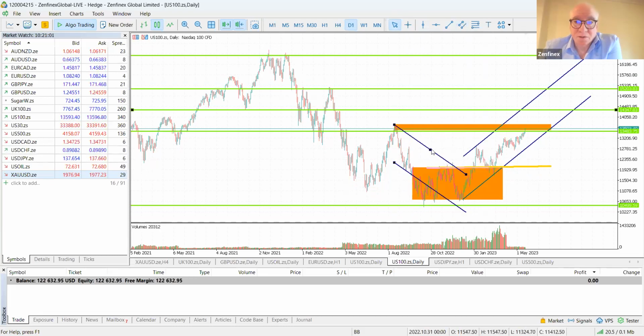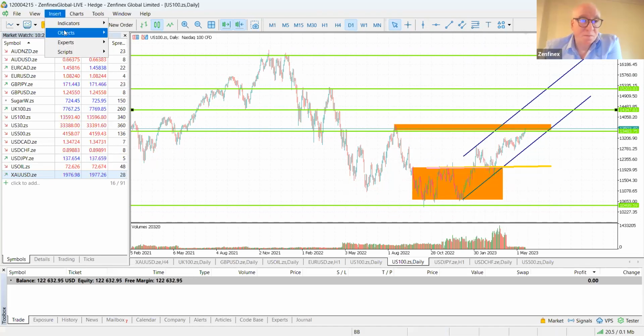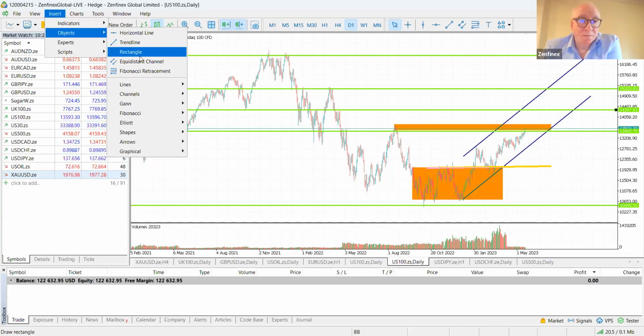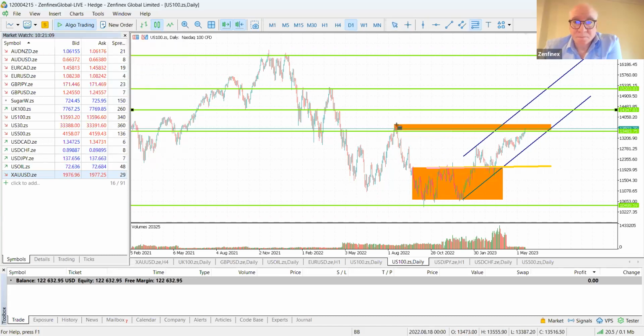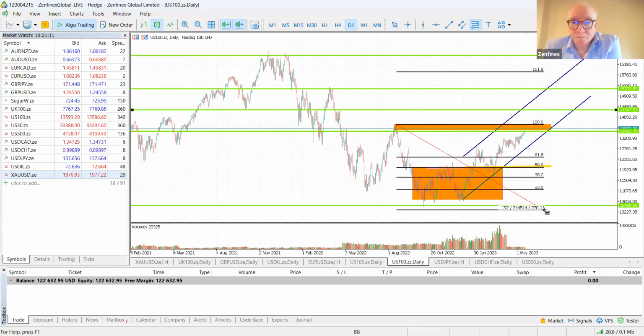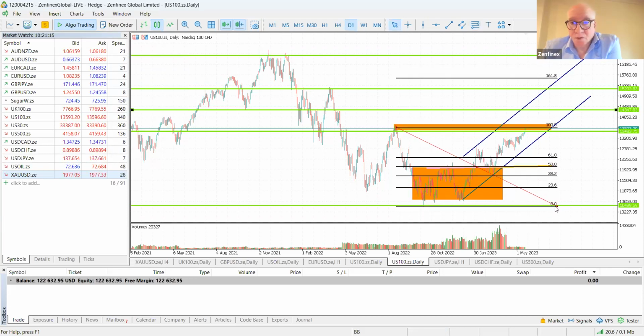Oh, that's a channel. Let's get rid of that. We can see we've had that same issue, not as clear cut as the JPY, but look, it broke the 618, came back down, couldn't get past the 38, and it's exactly that ABC pattern that I talked about.